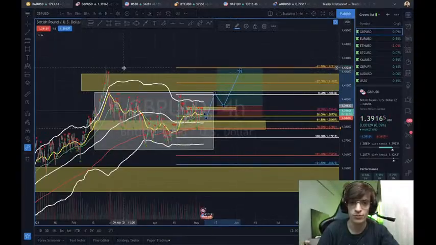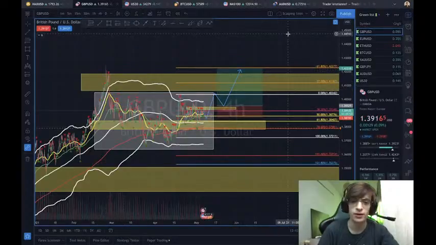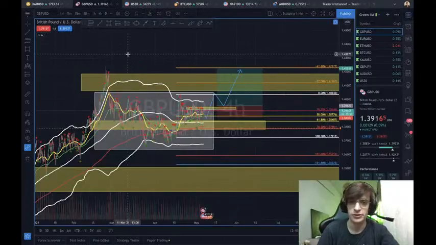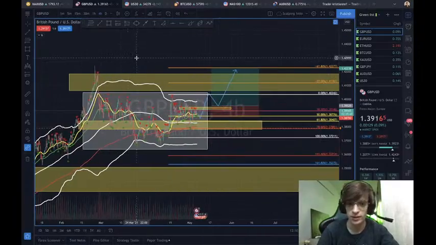It will probably bounce here on this level down again, or it will break up and continue being bullish, but I'm not that long-term trader, so this doesn't matter for my strategy.